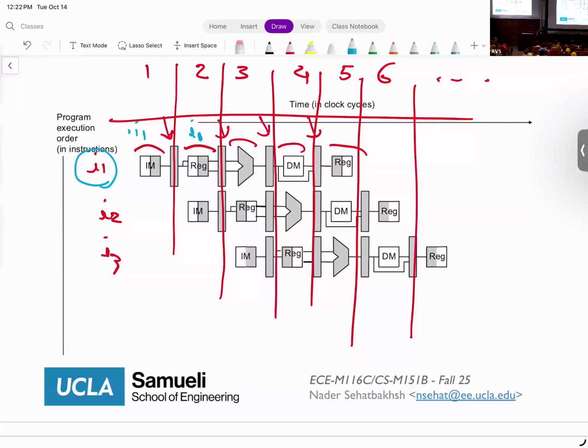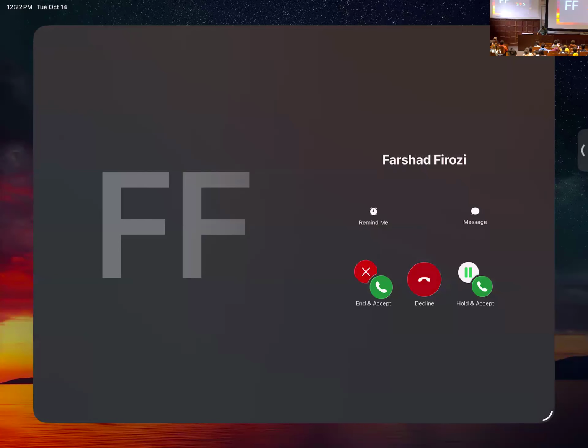So what we do instead is that once I1 goes into the second stage, this stage is empty, right? So this memory stage is empty. So now we can actually put I2 here. So if I look at cycle 2, so if I look at this, oops.